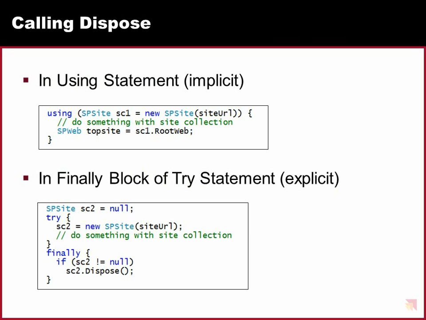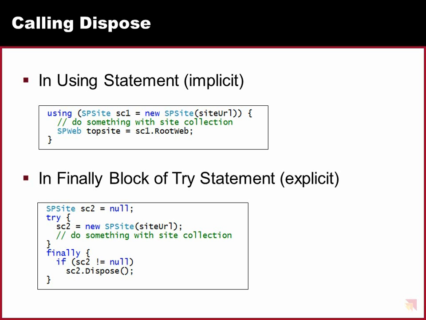The issue is that you have to call dispose on any SPSite object that you've called new on. If you don't do that, you leave the object stranded in memory, and it takes up a pretty big footprint. That's one of the well-known issues that causes instability and performance issues in production code.